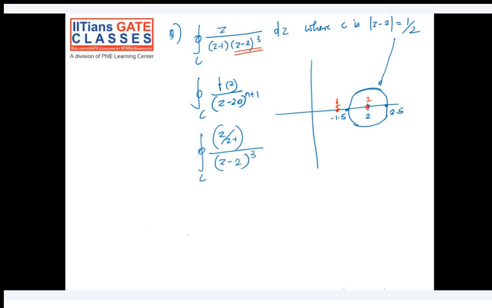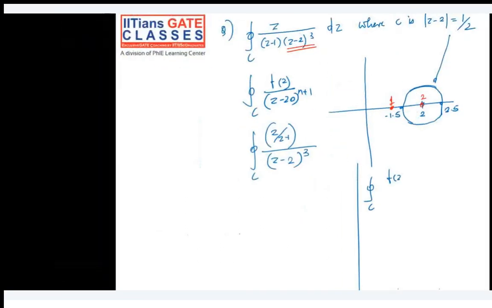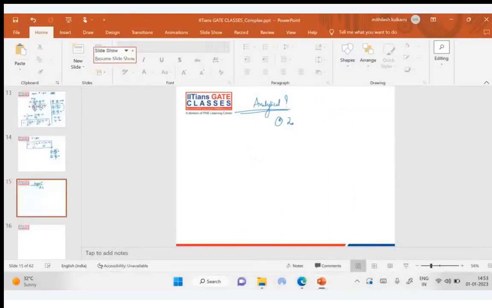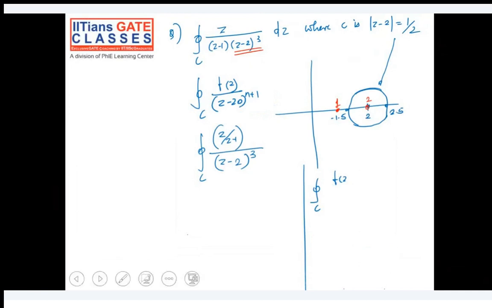If you remember, integration over a closed curve C of f of z divided by z minus z naught is equal to 2 pi i divided by n factorial times the nth derivative of f at z naught.